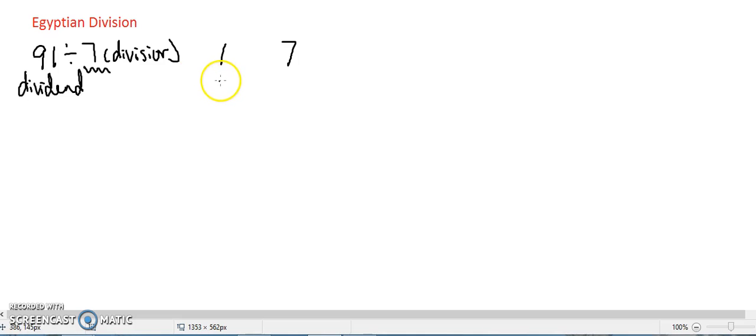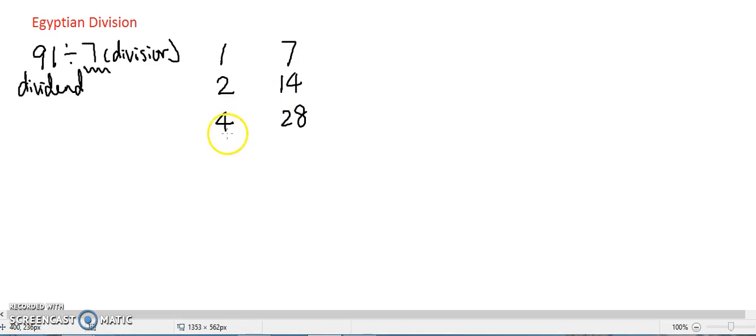So we're going to do 2 7s. It's going to be 14. And next we're going to do 4 7s, or you can simply double 14. You will get 4 corresponds to 28. And we can try to do one more time.